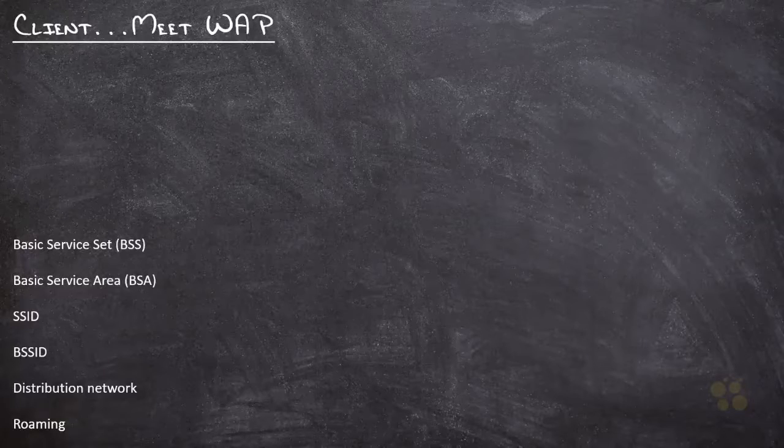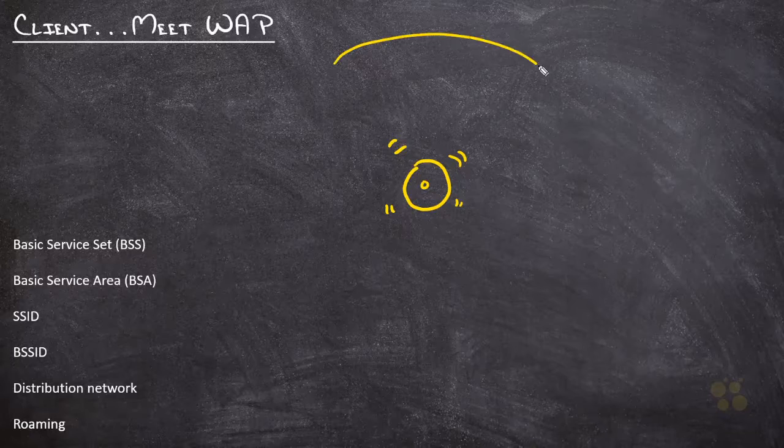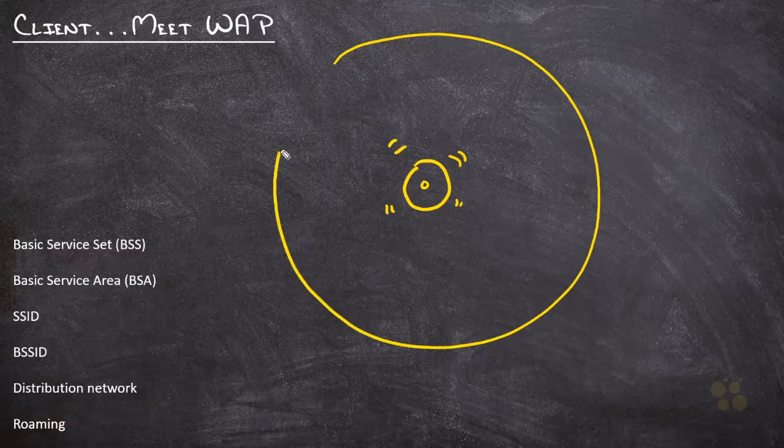So I plan to keep this primarily on the blackboard, as we would have it, to have this discussion, and we can talk it through piece by piece. Every wireless network typically begins with a wireless access point. That wireless access point radiates out a signal, and most people will draw it like this, because most of the wireless access points that we buy for our companies, businesses and homes nowadays are omnidirectional, meaning they radiate a signal equally in all directions.